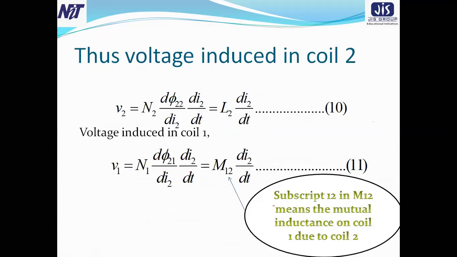Next we find V2, the voltage in the second coil, and the voltage induced in coil 1. When I2 is active, V1 equals N1 dφ21/di2 di2 dt, which is M12 di2 dt. Subscript 12 in M12 means the mutual inductance on coil 1 due to coil 2.